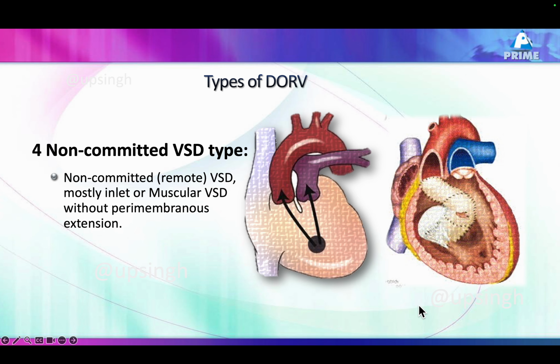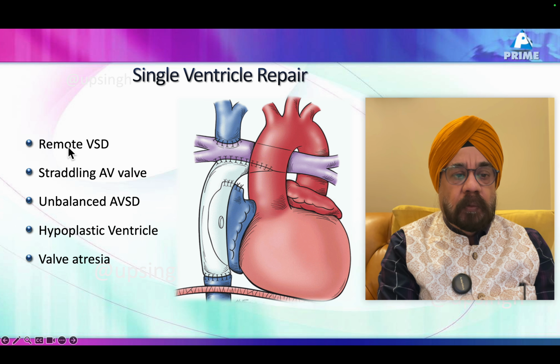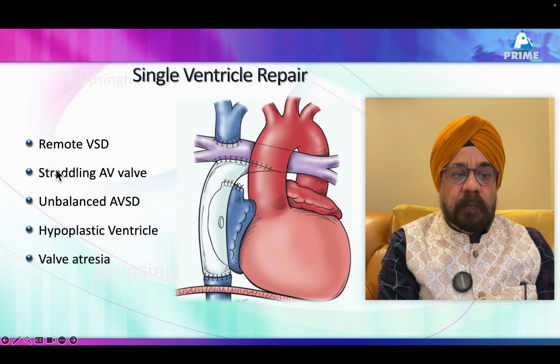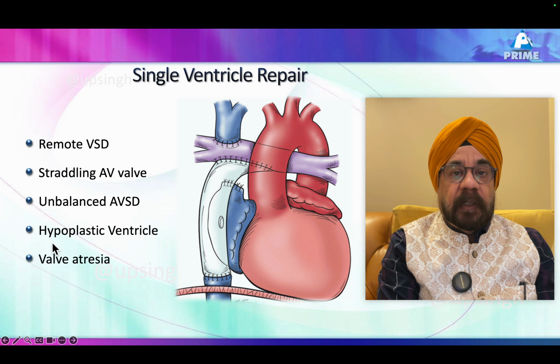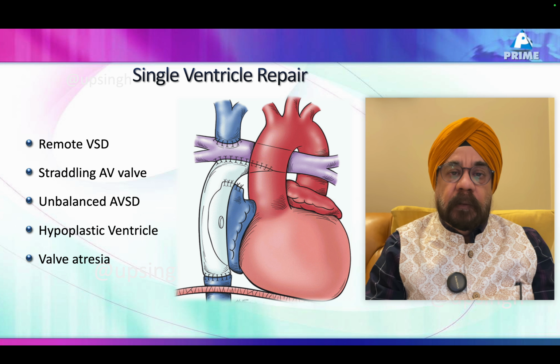So many times we are left with no choice than to sacrifice the right ventricle and go to a single ventricle repair. Just a word about single ventricle repair before I conclude. It is in a DORV where you have a remote VSD, where you have an AV valve which is abnormal, or where one of the ventricles, right or left, is hypoplastic, then you can't have two ventricles supplying two systems, one pulmonary, one systemic.